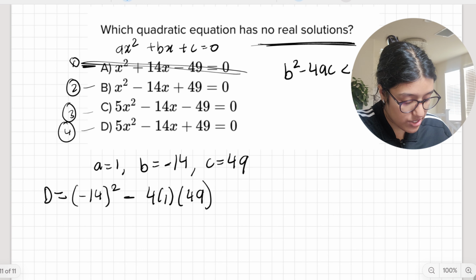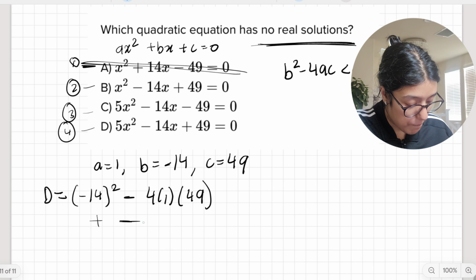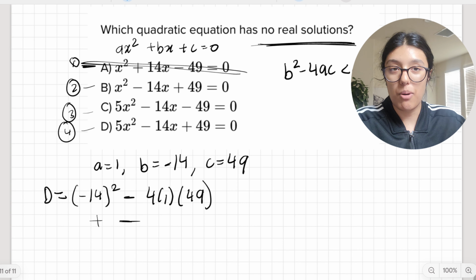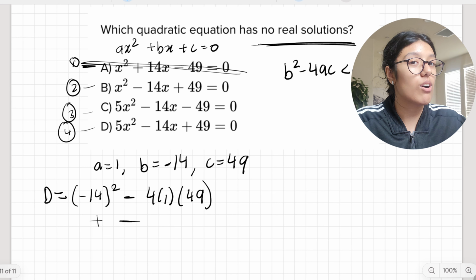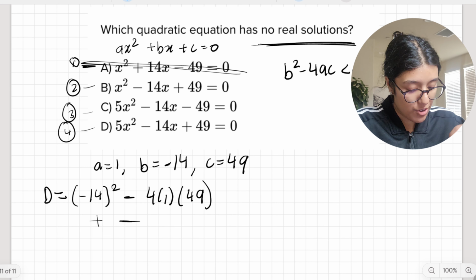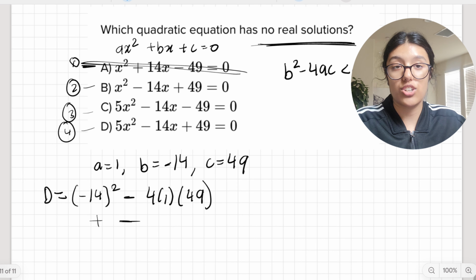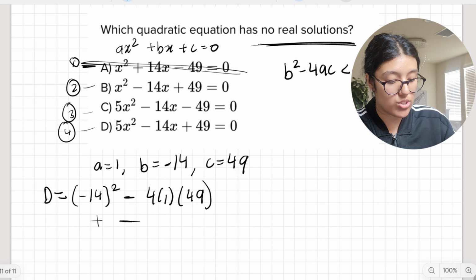Because in this case, you have positive and then minus something. And while you could get a positive number or a negative number, you could also get exactly 0. Both 14 squared and the minus 4 times 1 times 49 could balance each other out and bring you 0. So over here, you do have to solve for that discriminant.